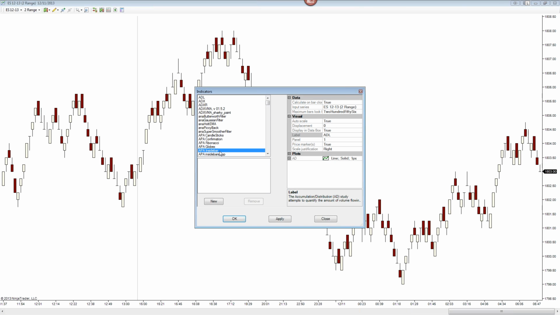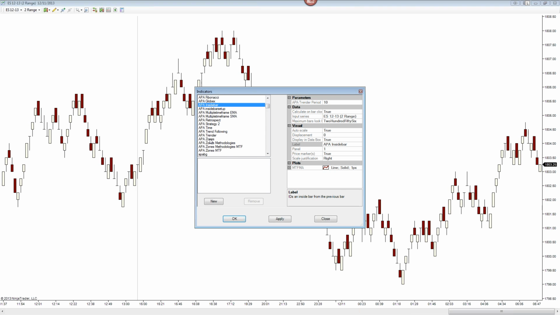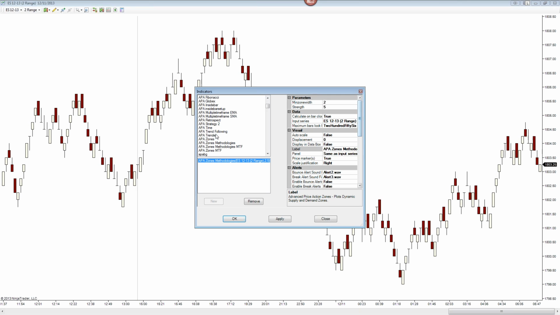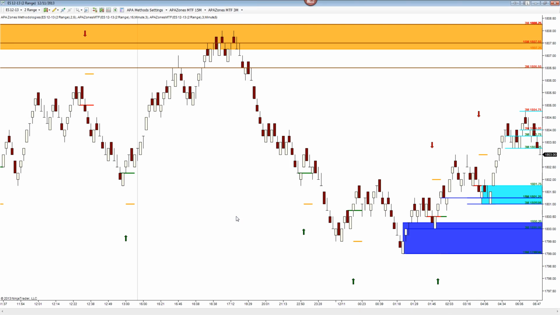Okay, so this is kind of how I'm going to build this chart here. I have some bars. I'm going to apply the APA zones. I'm going to put the APA zones methodologies on here. APA zone MTF. I'm going to use a 15-minute, and I'm going to use another one on the 3 minutes, and strength of 5 there. Okay. Yeah, that's what I'll do.